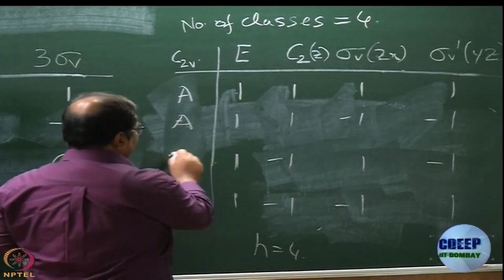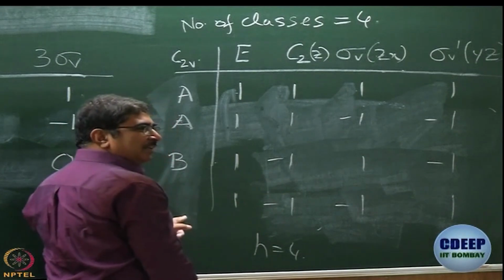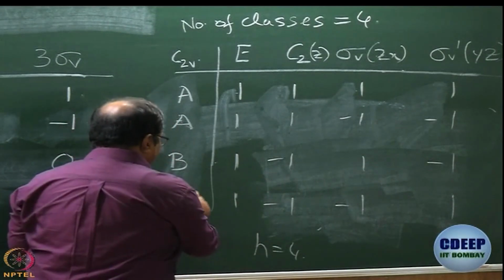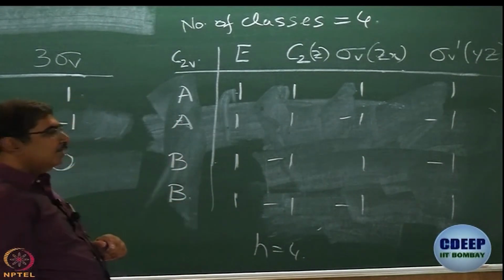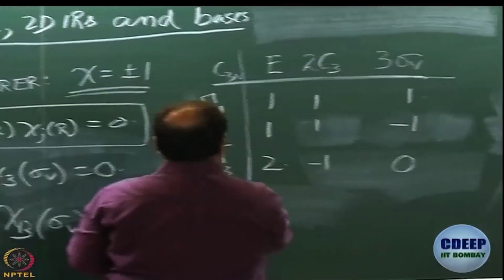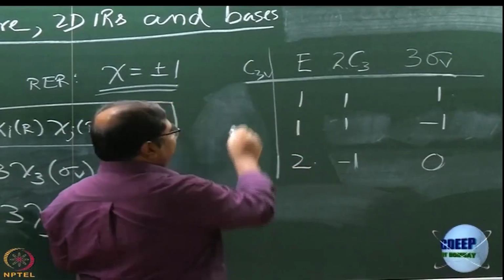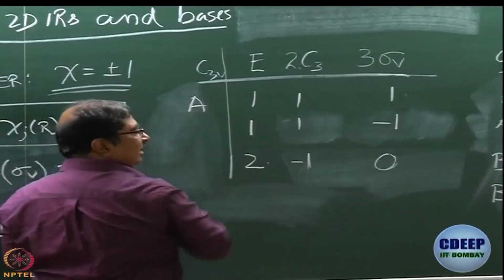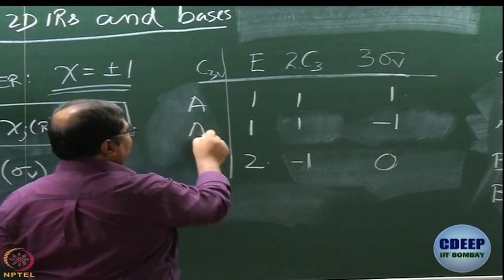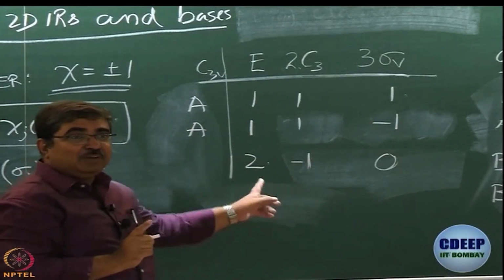B. Because it is -1 and the fourth one will also be B, right. What about C3v? First one A or B? A. Second one A. Third one cannot be B because it is not one dimensional.